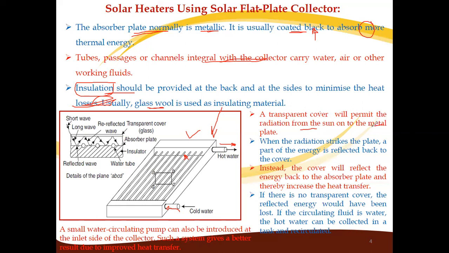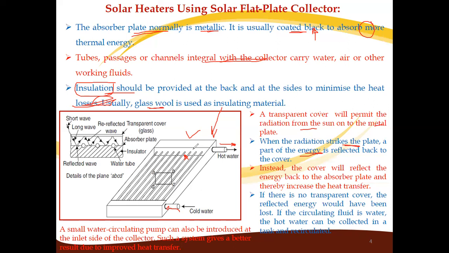Since it is a shorter wavelength, when radiation strikes the plate, part of the energy gets reflected back to the cover. So some amount of energy is absorbed, some amount of energy gets reflected to the cover, and because of the transparent cover, this reflected energy again passes to that black metallic flat plate collector. So again the energy gets absorbed.